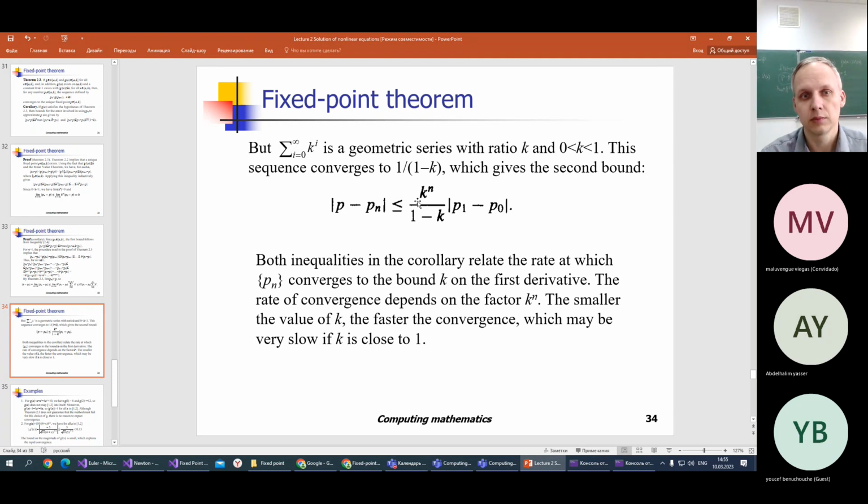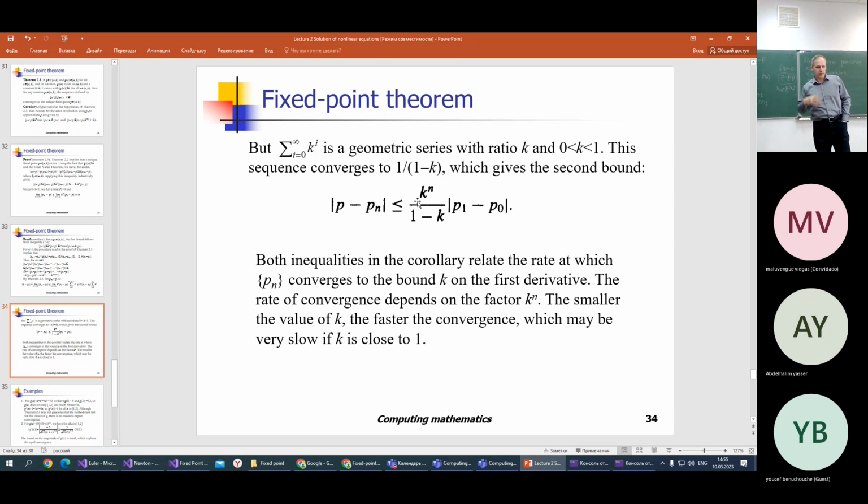Then k squared equals 0.01, k to the power 3 equals 0.001, and so on.